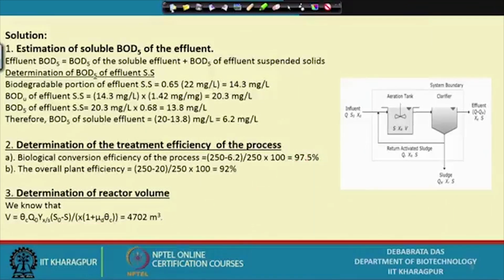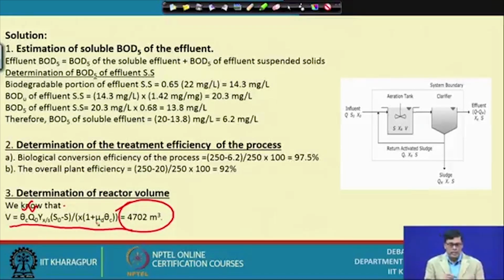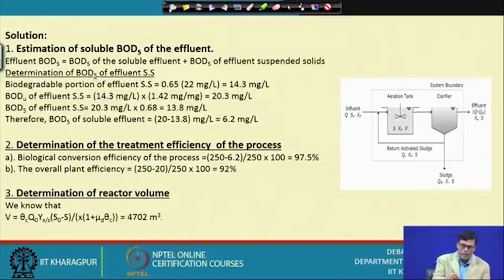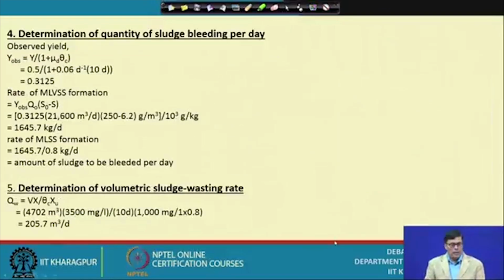Now, here is the expression for the volume, and in this problem we have all the parameters. You just put the parameters, and we can easily find out the volume of the reactor. So, the second part of the problem is how to find out the volume of the reactor, am I right? So, now next is what is the amount of solid produced per day from the reactor, that we shall have to find out.